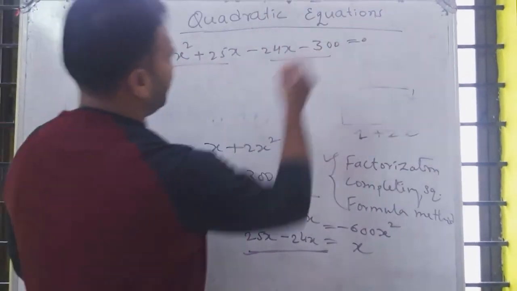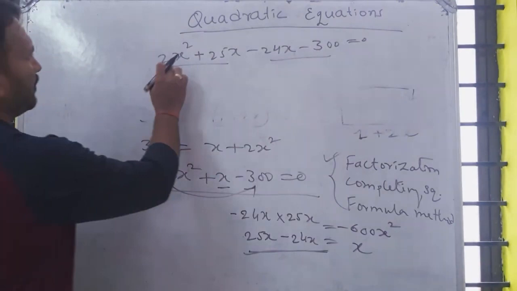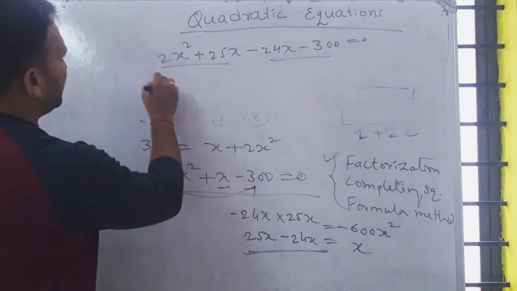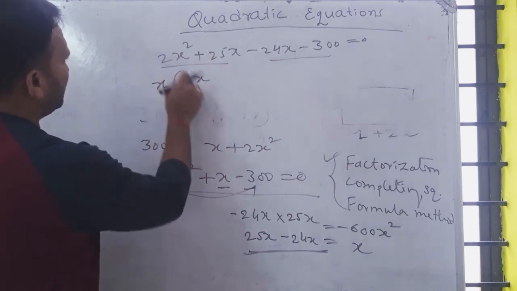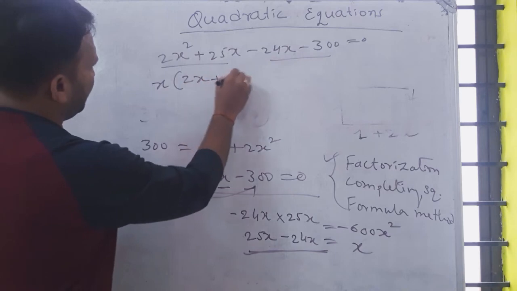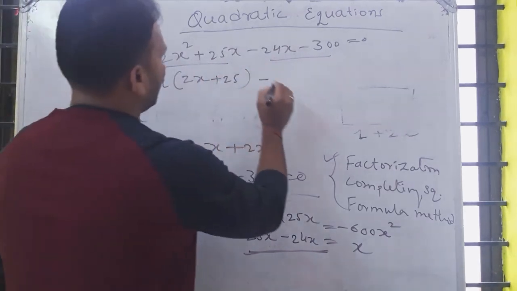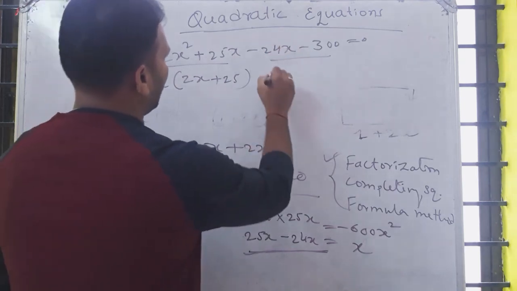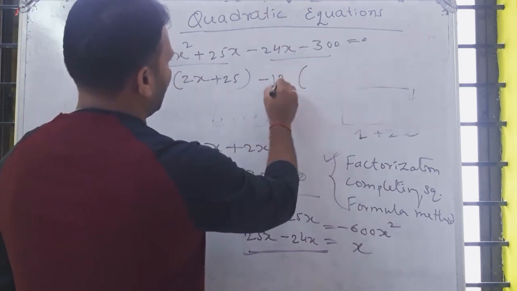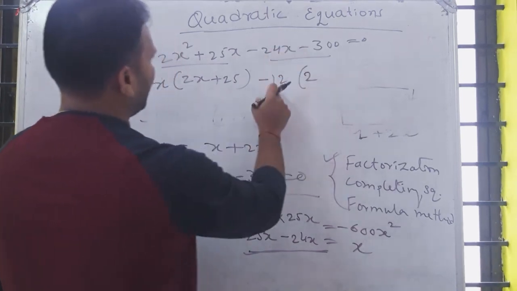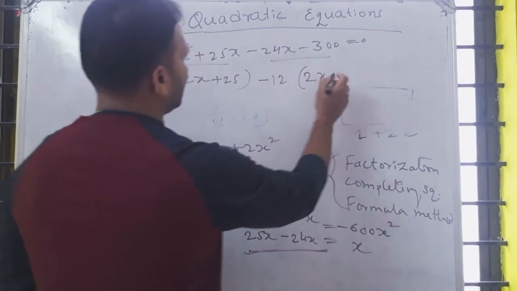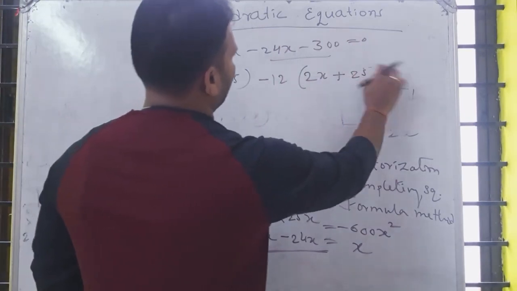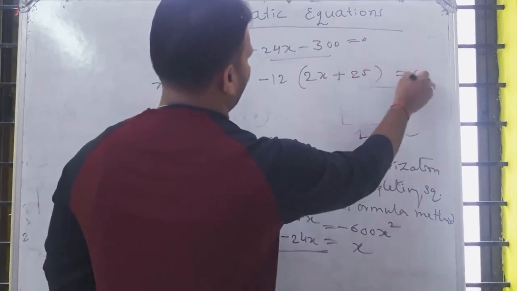So we got 4 terms. Now take out the common term. Here the common term is x: 2x square plus 25x gives x into 2x plus 25. And from the other two terms we take out 12: 12 into 2 is 24, and 12 into 25 is 300.